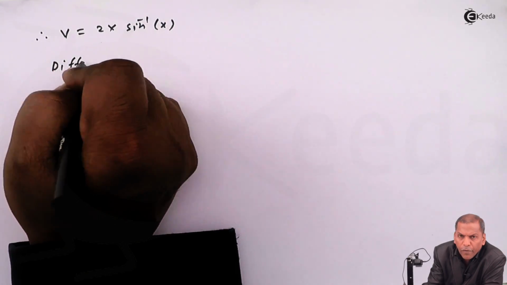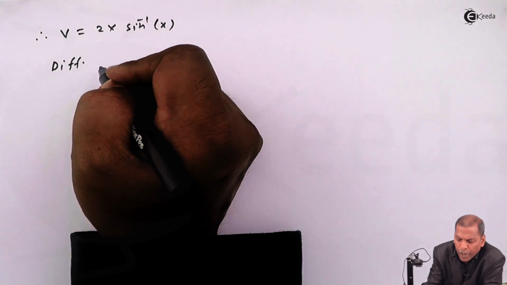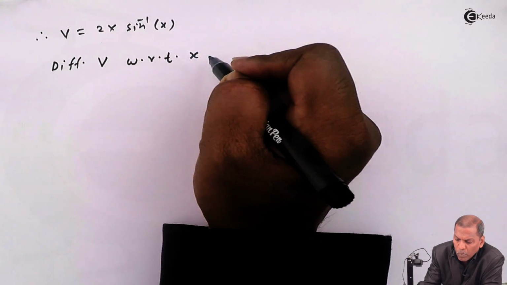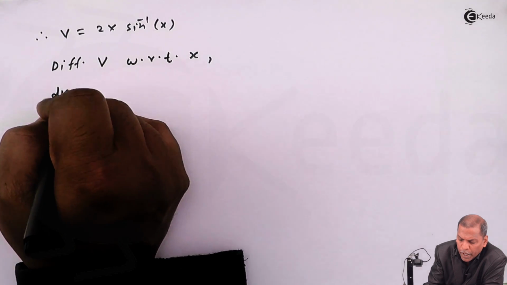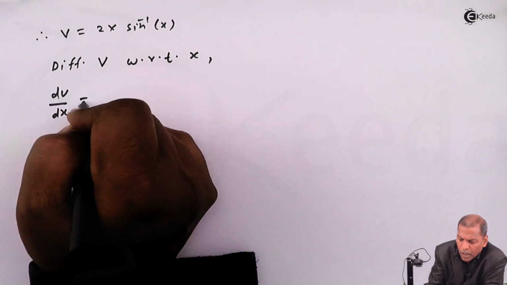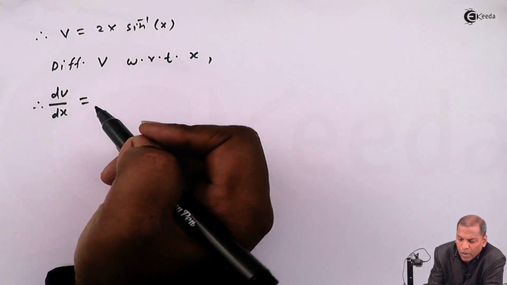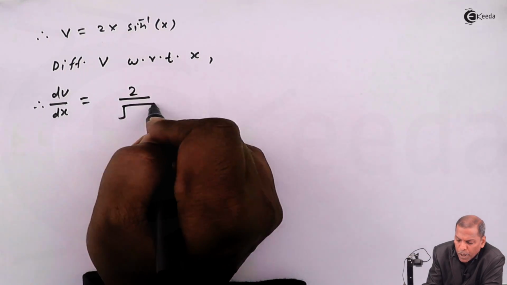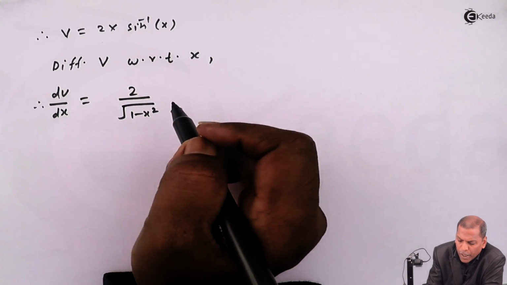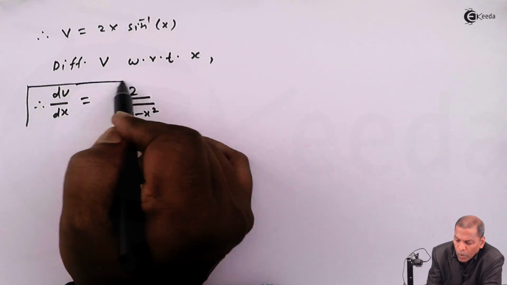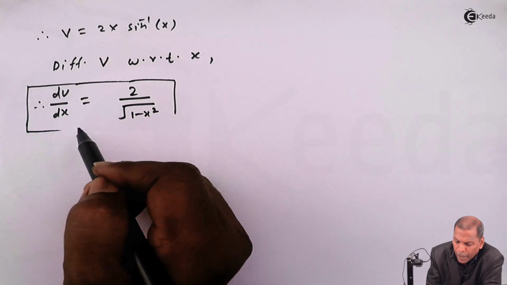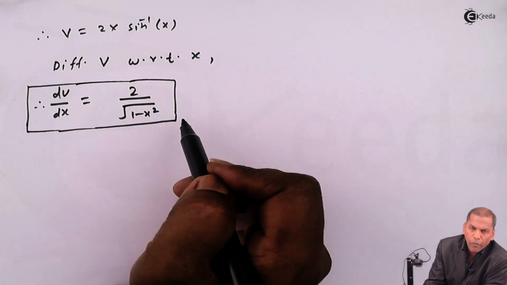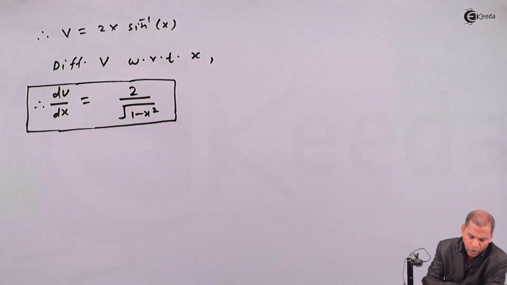Now differentiate v with respect to x, we get dv upon dx is equal to 2 as it is, derivative of sin inverse x is 1 upon under root 1 minus x square. So in this way we get dv upon dx is equal to 2 upon root 1 minus x square.